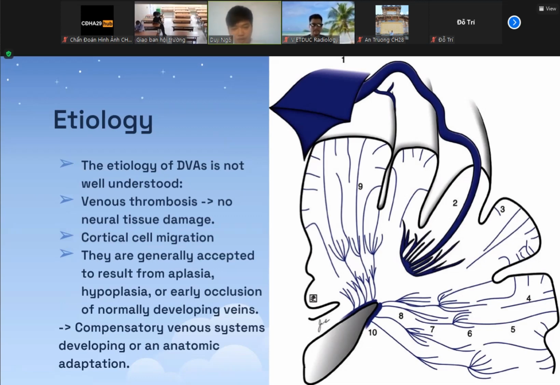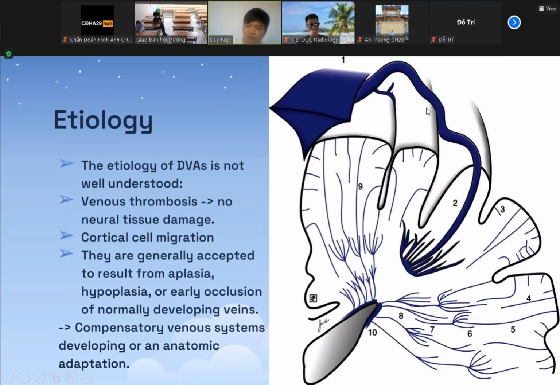The second theory is that the DVA is a result of cortical cell migration, but it's not true, because we still see DVA in central regions, like the basal ganglia or the brainstem. So it's not a true theory. And the most reliable theory, which is generally accepted, is that the DVA results from aplasia, hypoplasia, or early occlusion of normal developmental events, meaning that there's something wrong, for example, with the venous development in the deep region.